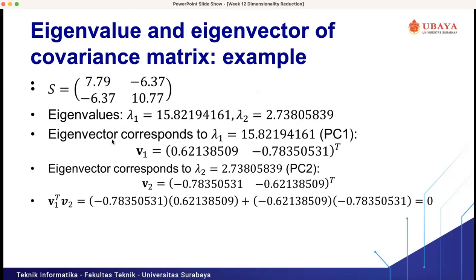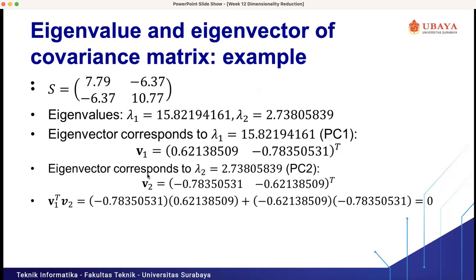Then the eigenvector that corresponds to lambda 1, or we can just call it PC1, V1 equals 0.62 something and minus 0.78 something. So this is the eigenvector that corresponds to lambda 1.